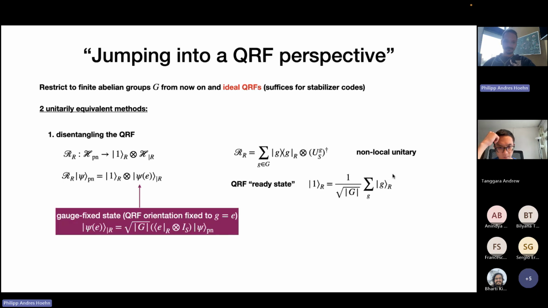And the rest here is given by something that is gauge fixed. So it turns out that the state here is you take the gauge invariant state and you condition on the frame being an orientation group element e. Remember that the orientations are group labeled. And in this case, I just pick the group element, the identity, and I just gauge fix the orientation to be in the identity configuration.